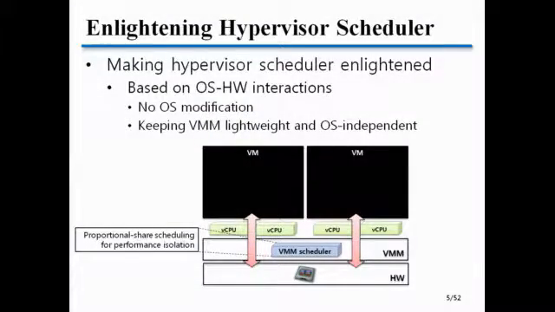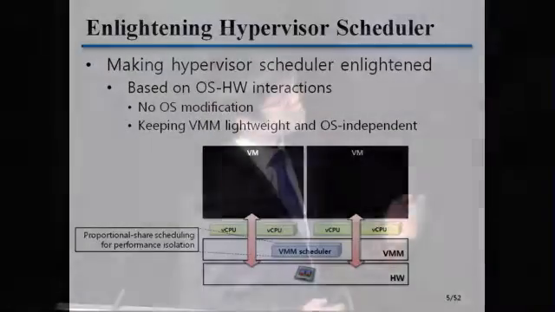Such a proportional CPU share scheduler considers each VM as a black box, like in this figure, and tries to focus on providing the VMs with fair CPU bandwidth. This workload-agnostic CPU scheduling is a dominant factor degrading the performance of each VM, inhibiting cost-effective consolidation.